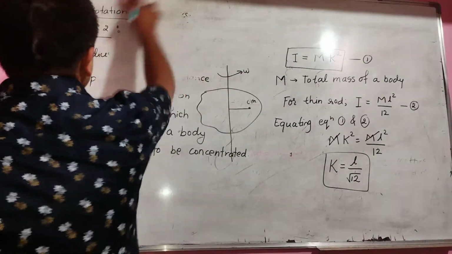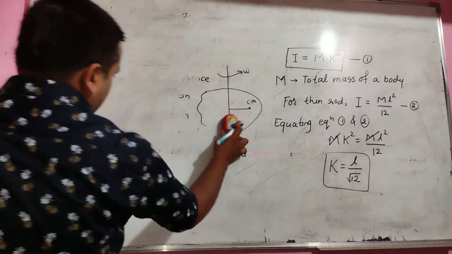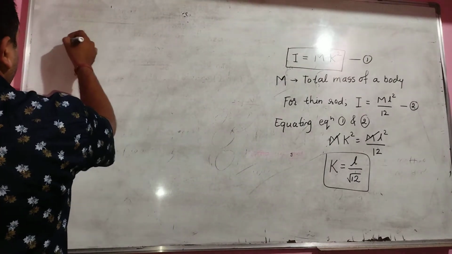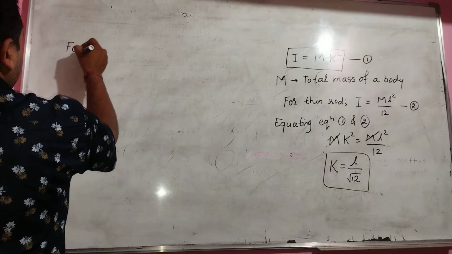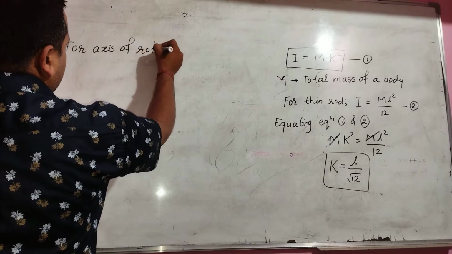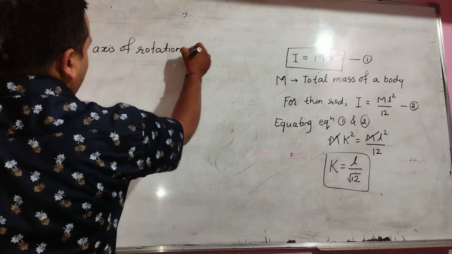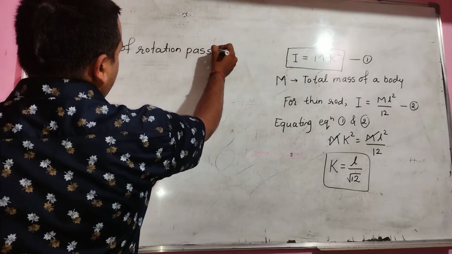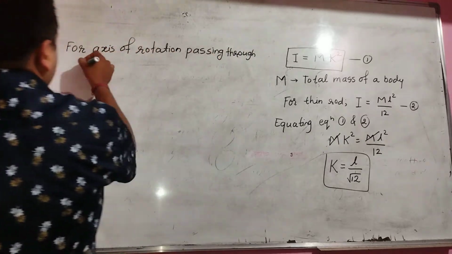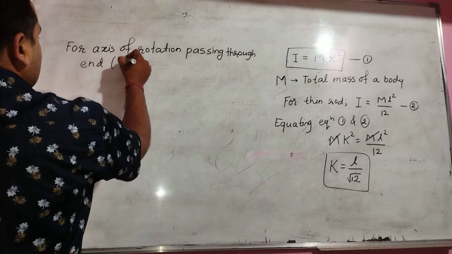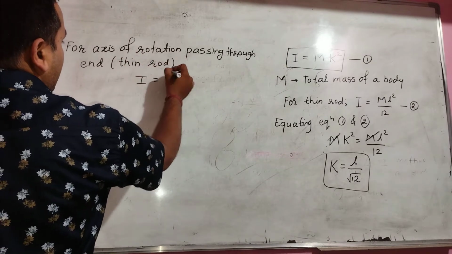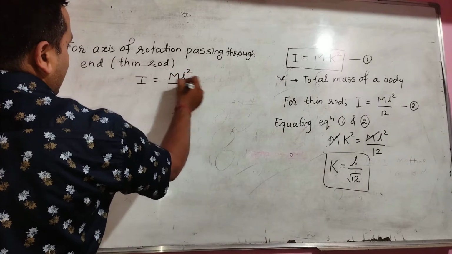In such a case we can also find it. For the axis of rotation passing through the end, for the thin rod, we have moment of inertia as M L square by 3.